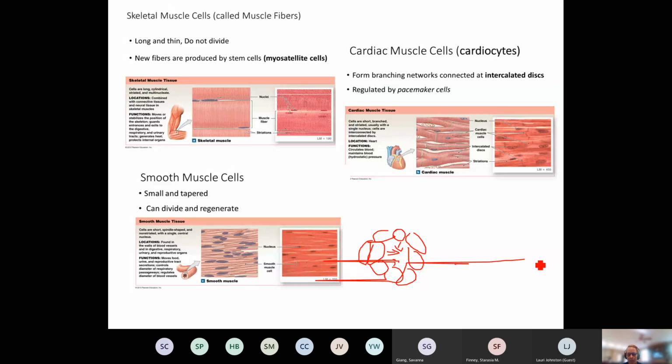And then the long way, so if I have a tube going long, some of those smooth muscle cells are going to be lining up in a longitudinal fashion, and they'll make the tube, again, kind of collapse inward, so the length will go longer and then smaller. And that'll help, again, with mixing and moving around my contents inside.